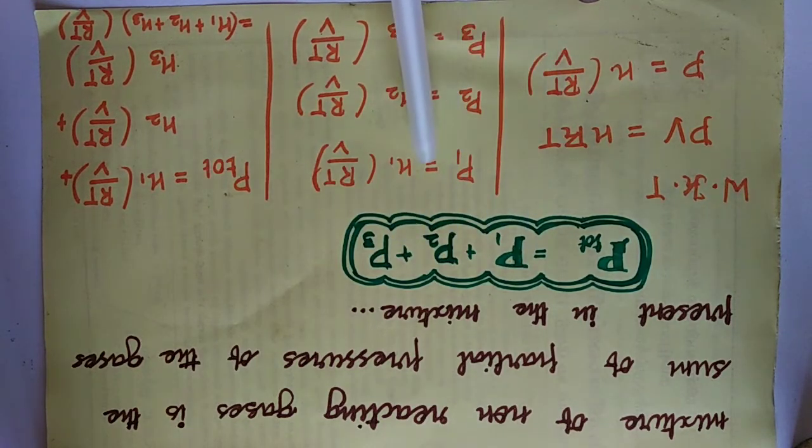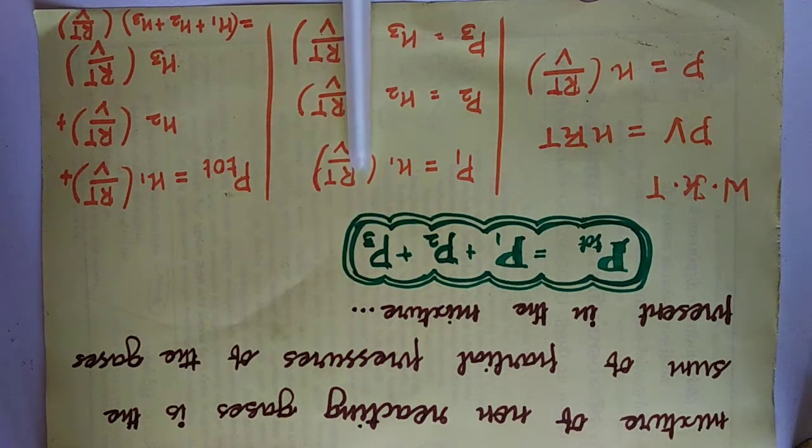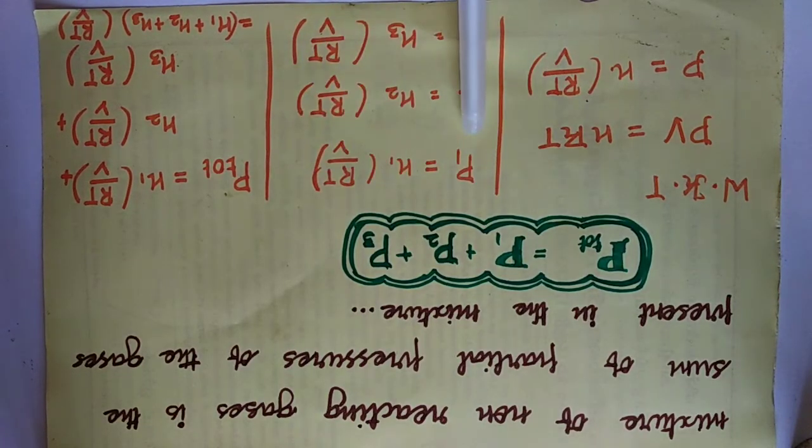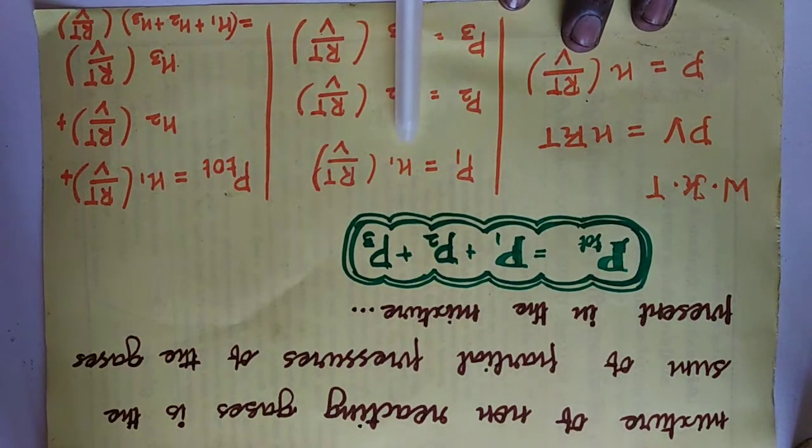R is a constant, so we won't use a separate variable R1. Temperature and volume are also constant, so only pressure and number of moles are variables.